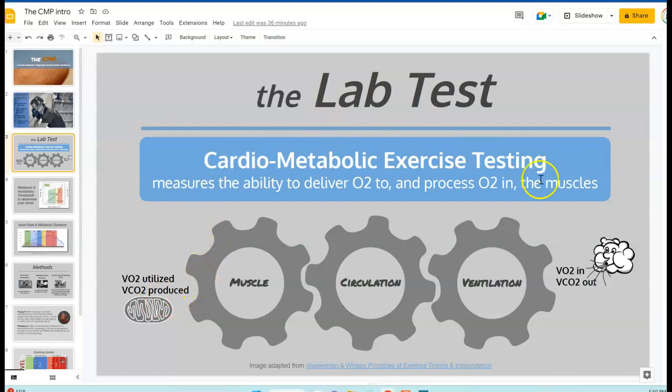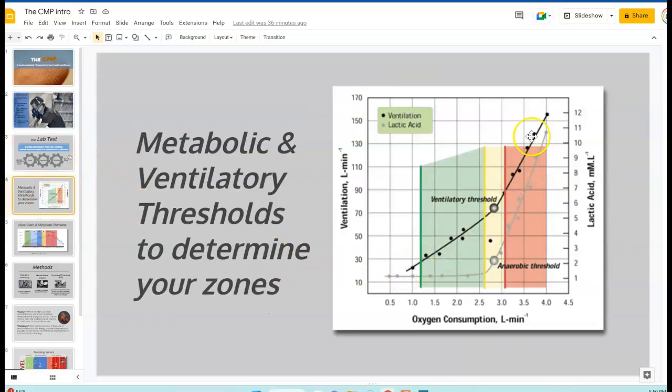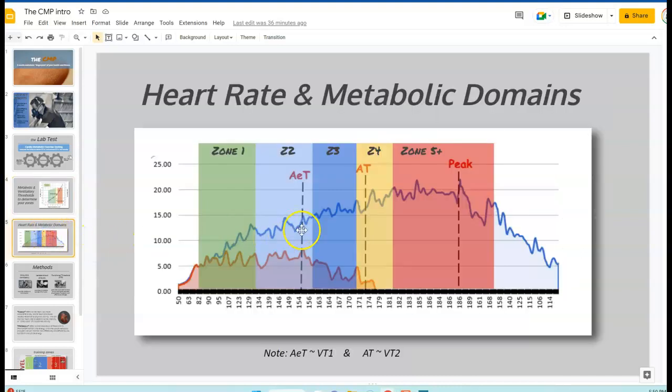So it's really comprehensive. The CardioMet profile is kind of the whole picture, all the systems working together to see if we have any kinks in the system, as well as to evaluate what kind of potential you have there. Along the way, we're going to be identifying certain ventilatory thresholds, and these thresholds will point out where our fat utilization is highest at that aerobic threshold, and where that anaerobic threshold is, where we start to see fatigue really start to accelerate.